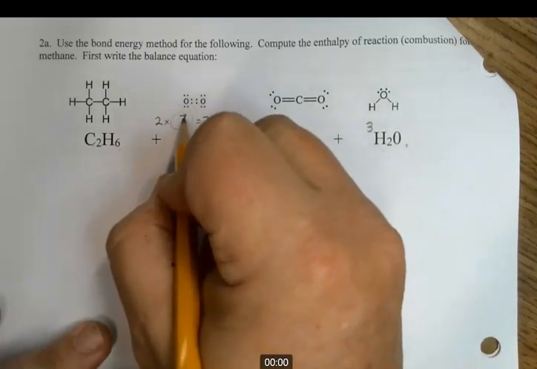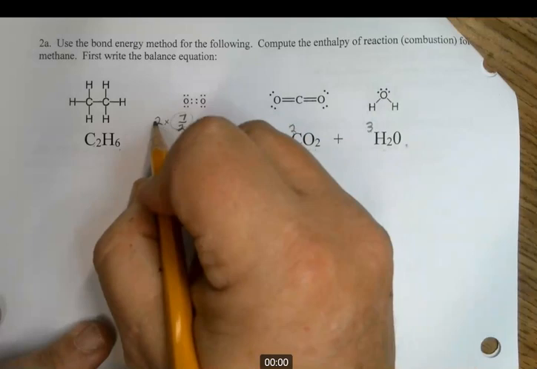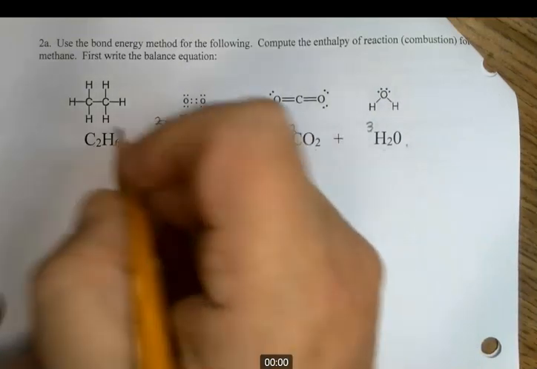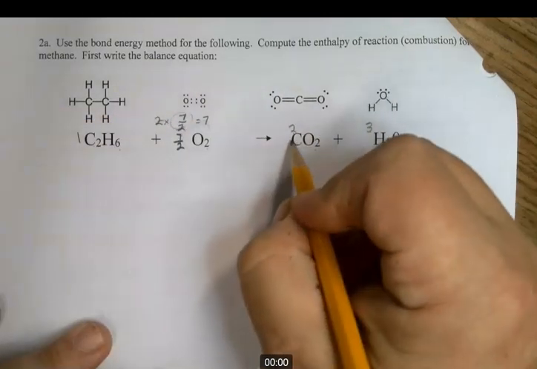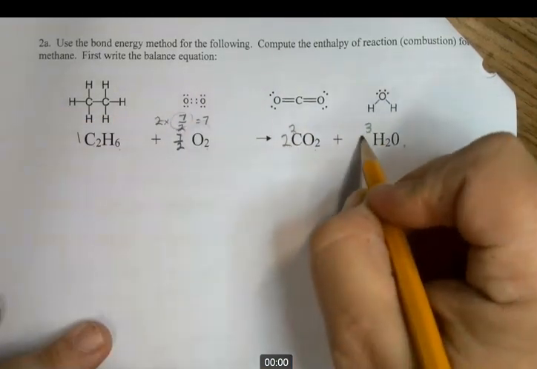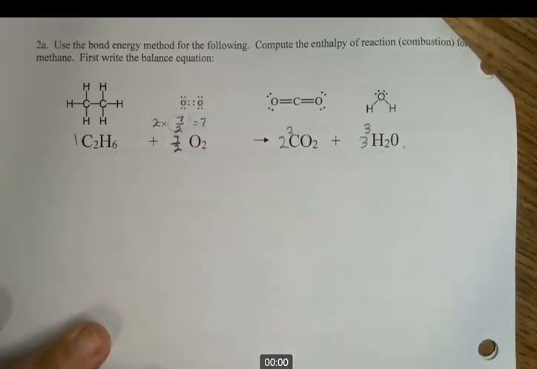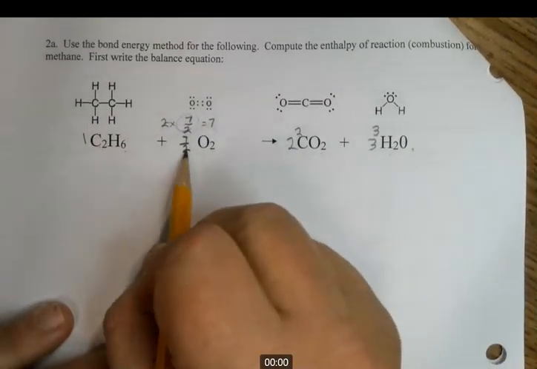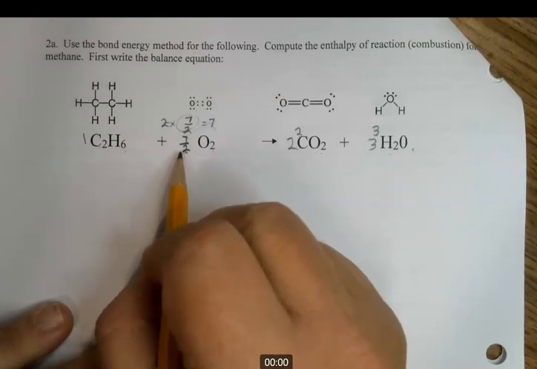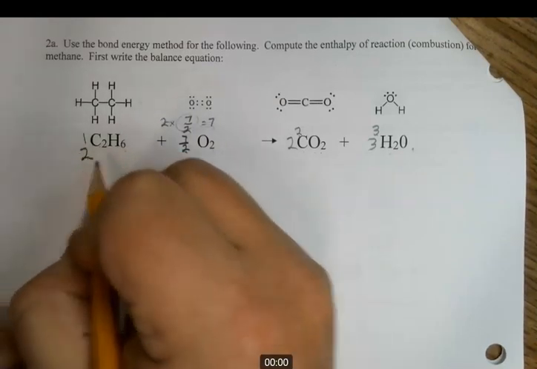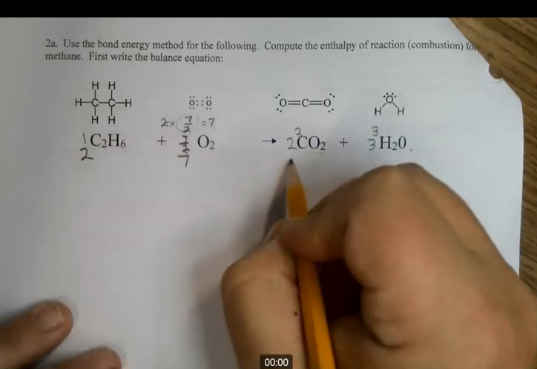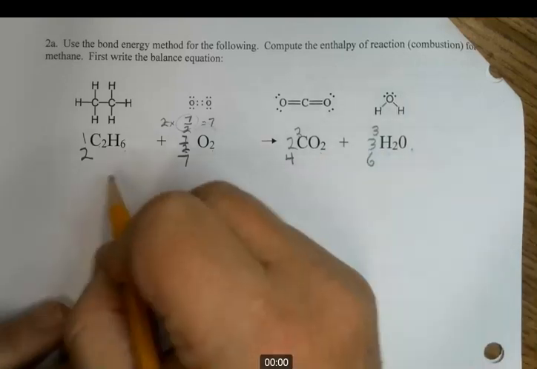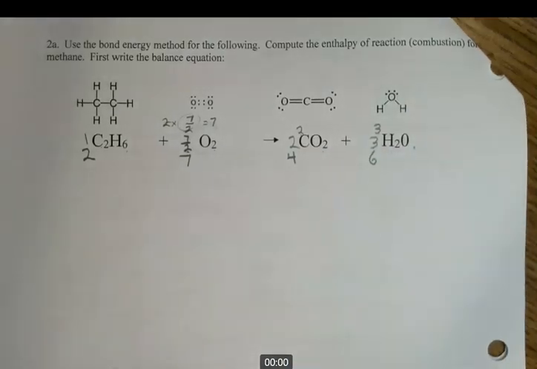The answer is 7 halves. So the 2's cancel and you end up with 7. So this coefficient is 7 halves. This one is 1, this one is 2, and this one is 3. Now, it's a little messy dealing with fractions, so I'm going to multiply through by 2 to iron out that denominator. So we end up with 2, 7, 4, multiplying all the coefficients by 2, and 6. We'll go ahead and work with those.